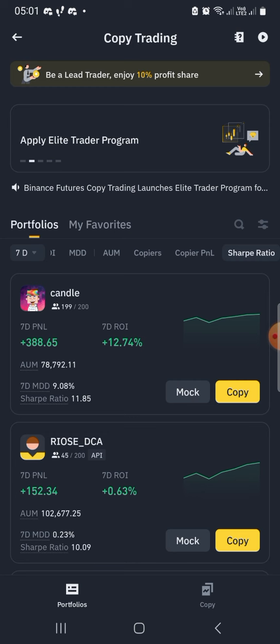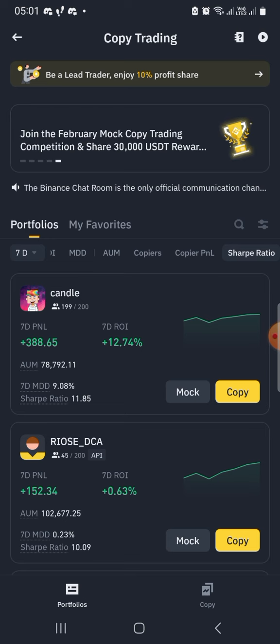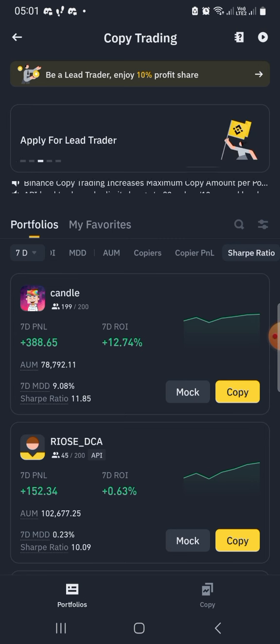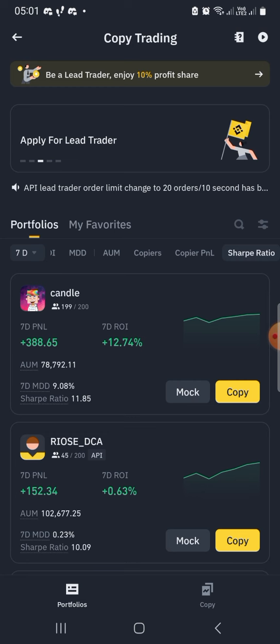So if he's hedging the trade, once he closes the first one and opens a second one, for you your first trade is just going to be closed, but the opposite position won't be opened. That's another thing you have to take note of. These are some things that can make your copy trading fail.